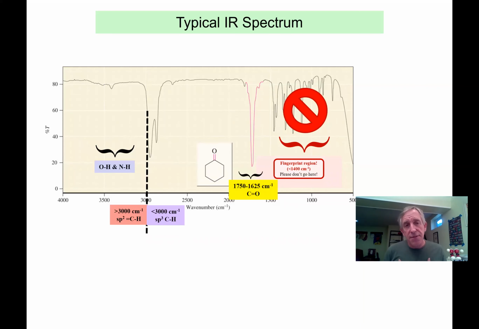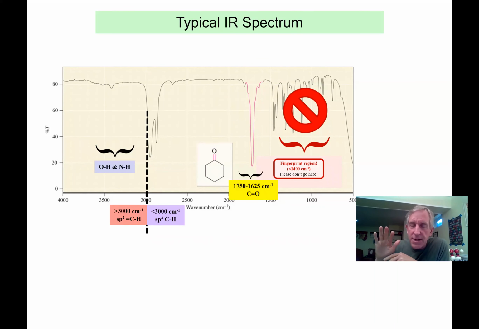I can see from its IR that there are peaks right below 3000 that are indicative of a CH-sp3 bond. I can see a C double bond O somewhere in the region of 1750 to 1625. That region just has to have a peak coming down somewhere to help me see a C double bond O.